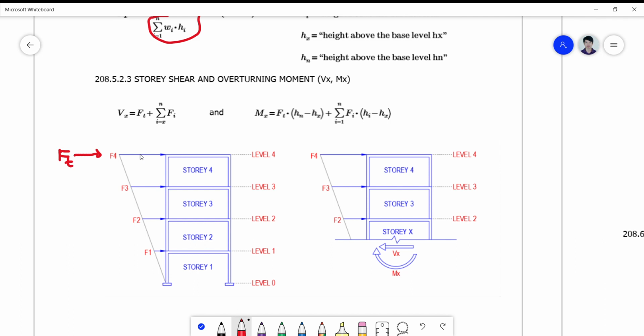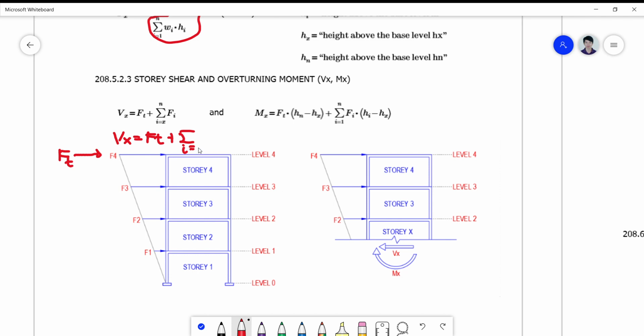So aside from F4, there's an Ft here. If I cut now, let's say, this part here on the second story, X, where X is the story in question, what will be my formula? So Vx will simply become equal to Ft plus the summation of i equals X, so what's my X?